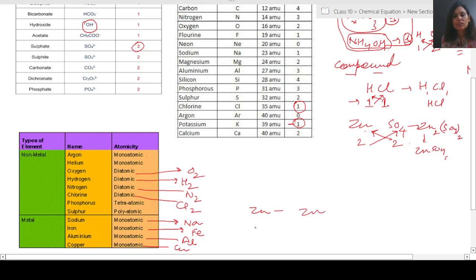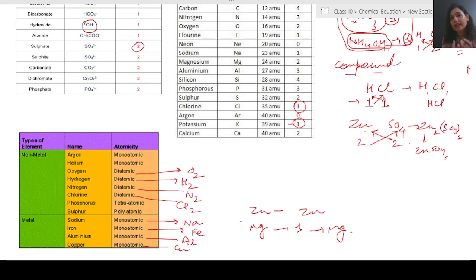Magnesium always occurs as monoatomic, so we always write Mg in a chemical equation. So that is why we need to be aware of valency as well as atomicity of some common elements and also of some common radicals. Radicals you can easily remember by thinking about some of the reactants which you have seen in the lab.